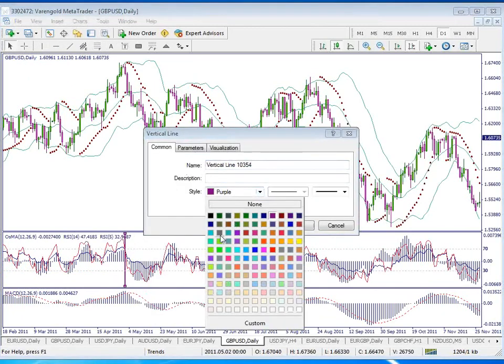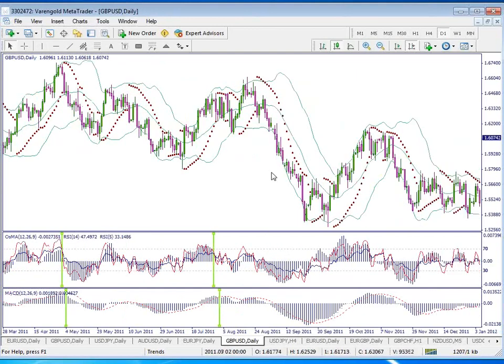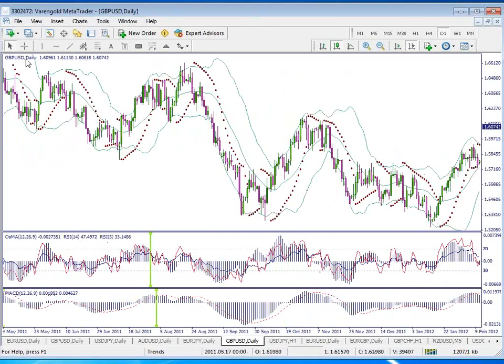You can make one exercise to count how many signals we have also with the confirmation from MACD. And you will see that for all those signals, you will not need too much time to check the charts or so.